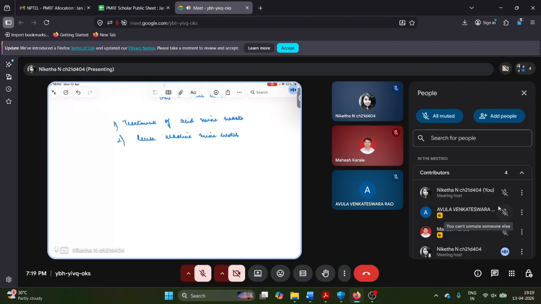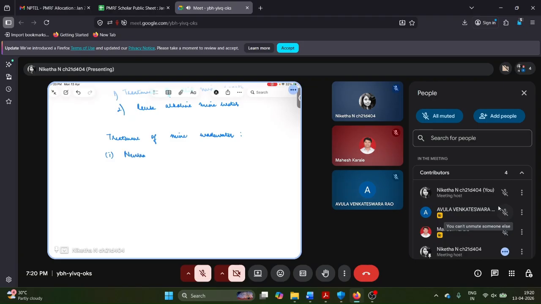So this is a strategy for treatment. Coming to the actual treatment process, the first step is neutralization. This is especially done for acid mine waste.